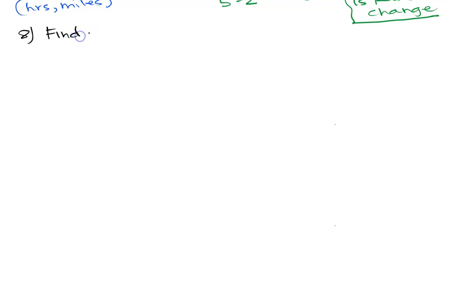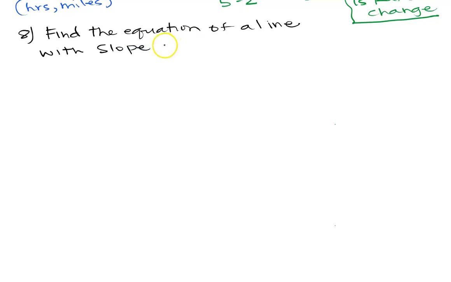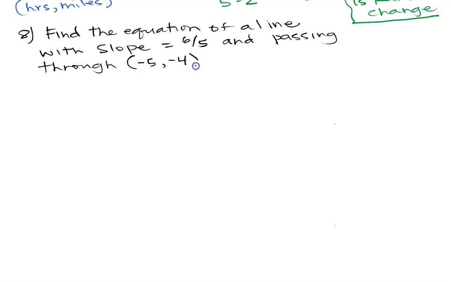So if I ask you to find the equation of a line with the slope of positive 6/5 and passing through the point -5, -4.